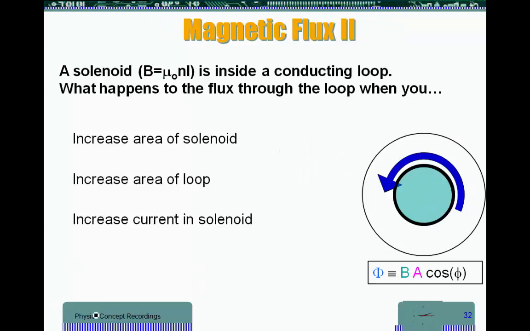Okay, now we have the opposite situation. We have the loop, a large loop, and a solenoid inside. And the question is, what happens to the flux through the loop when we increase the area of the solenoid? Okay, when we increase the area of the solenoid, we increase the area where we have a magnetic field. So the flux is going to increase.